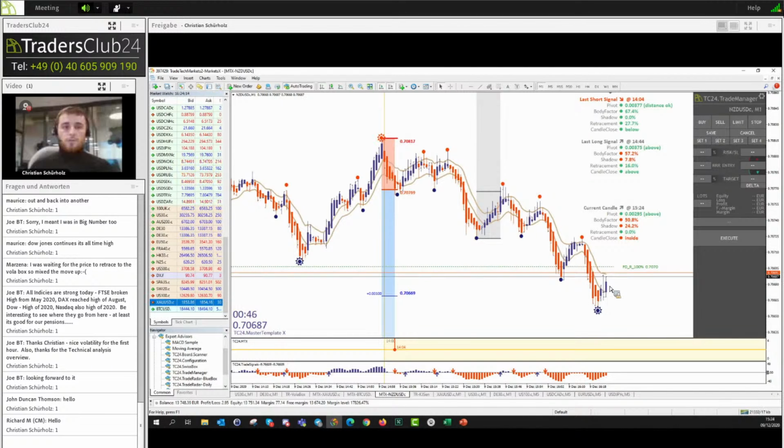So we might receive a signal candle on the next minute here. See if we can lock in a quick trade before the market opening.